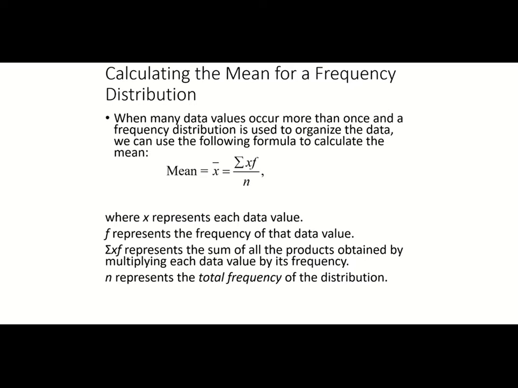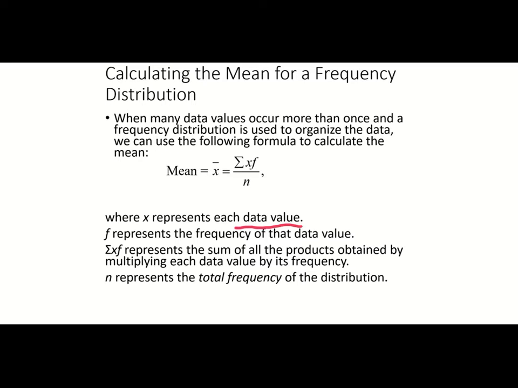Now, there will be times when you are calculating the mean and you are using a frequency distribution chart because you had a large amount of numbers and a lot of data points repeated themselves. So to find the mean from a frequency distribution chart, the first thing you need to know is X will represent the data value.